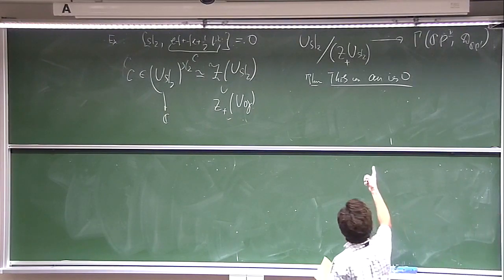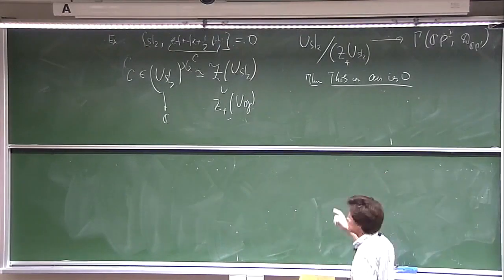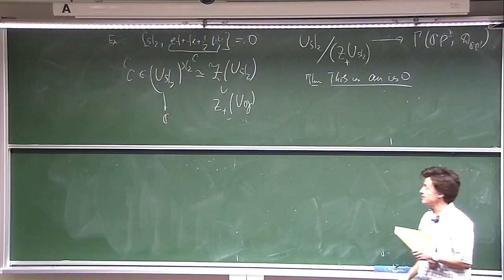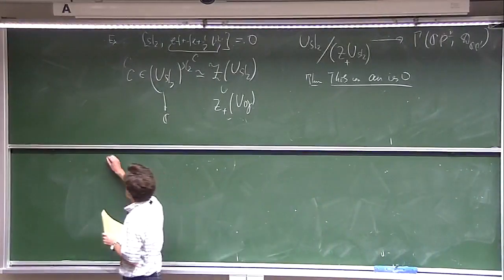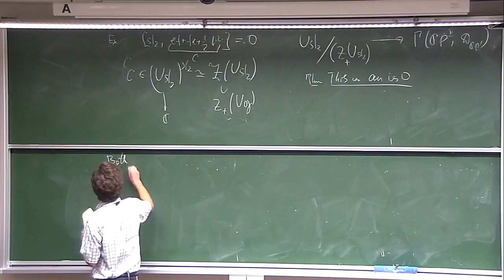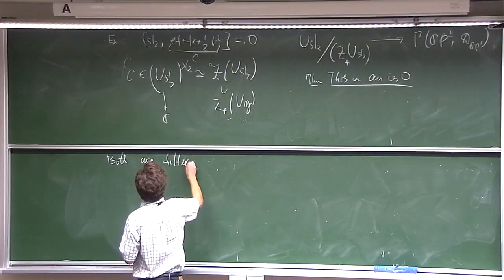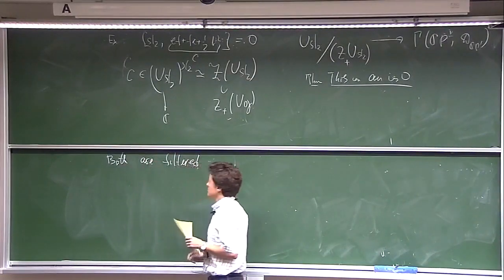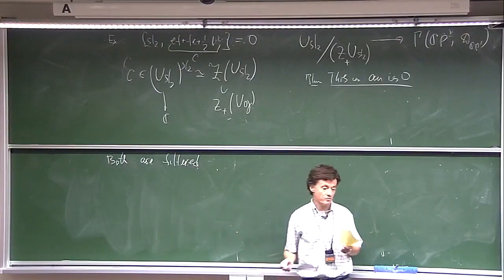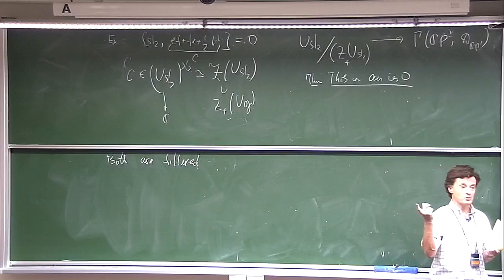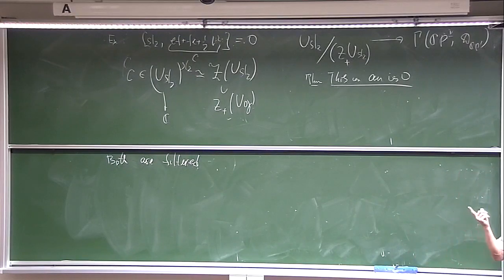All right, so here is a map of algebras. You will immediately see that both algebras are filtered. In a similar way, U of G, remember we talked about quantization, probably I should have shown you this example at that time.